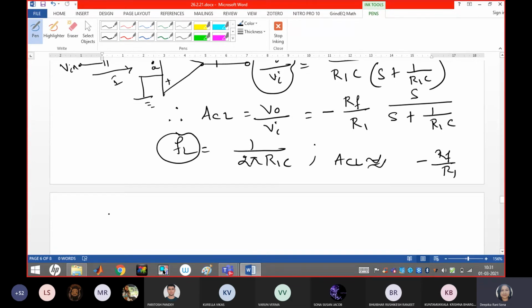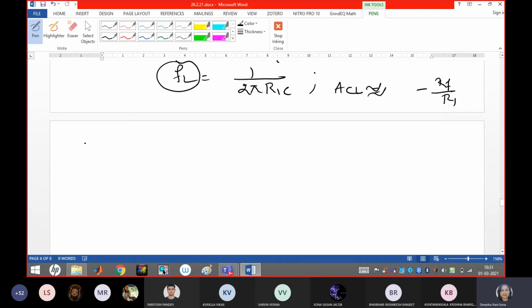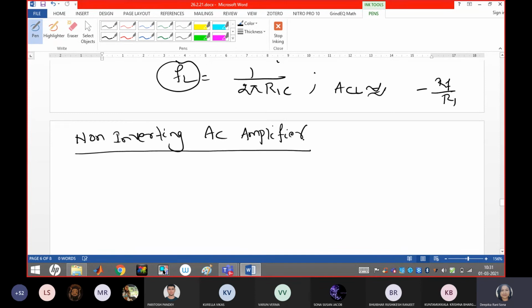Similarly, how do we introduce the capacitor in the non-inverting AC amplifier? So here the circuit will be like this.